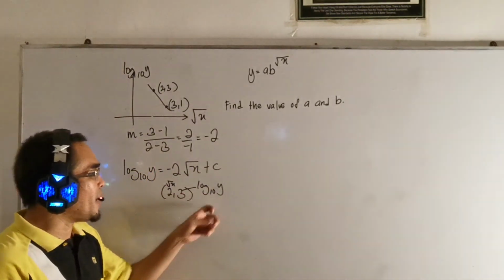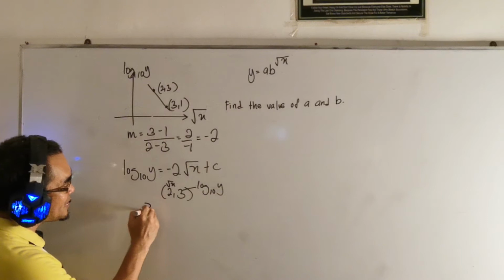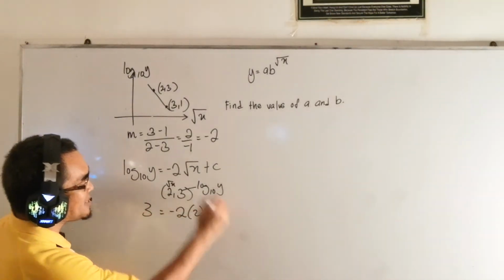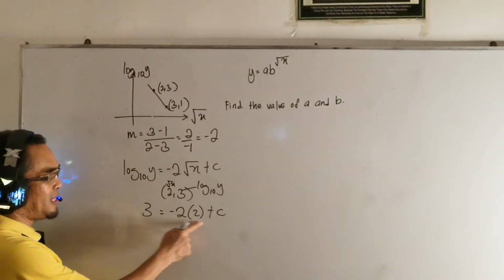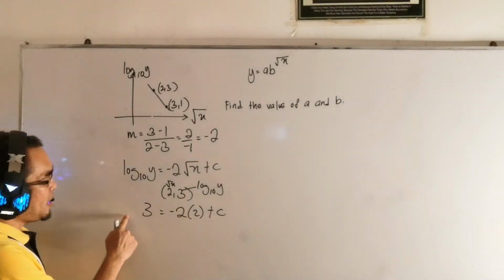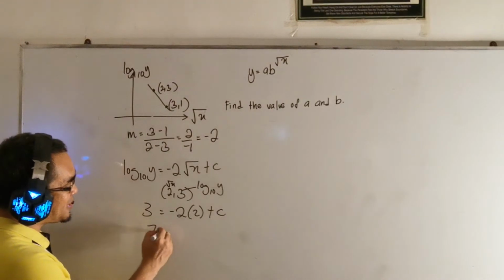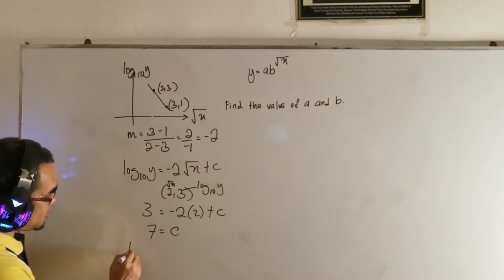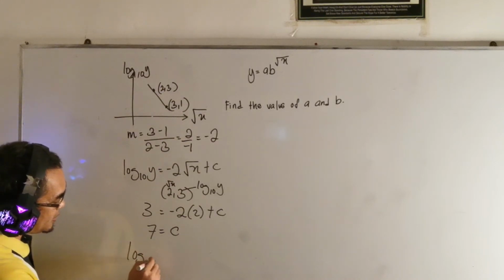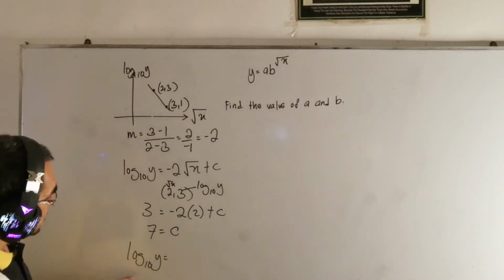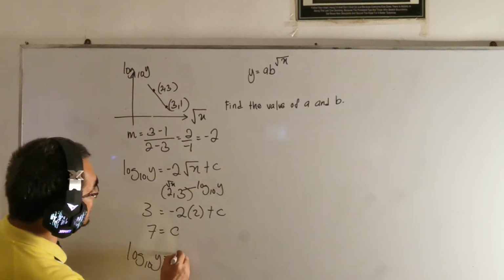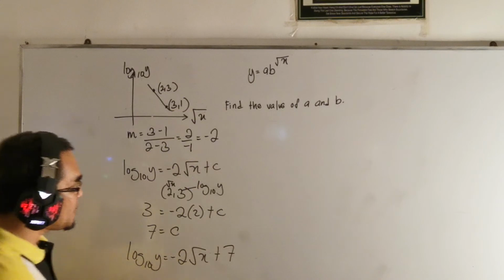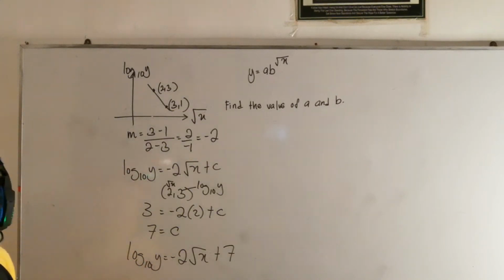So I replace: 3 equals negative 2 times 2 plus c. Negative 4, you bring to the other side, 3 plus 4, so the value of c will be 7. Then you write down the equation of the straight line, which is log 10y equals negative 2 square root of x plus 7.